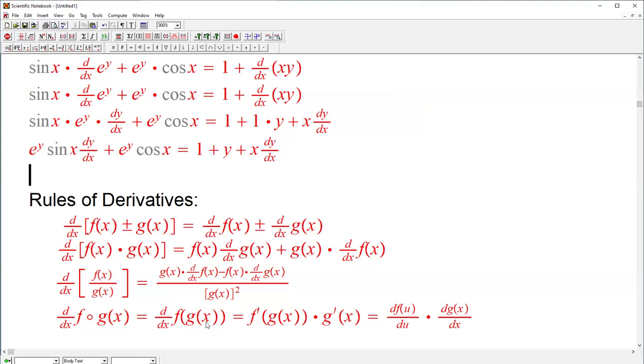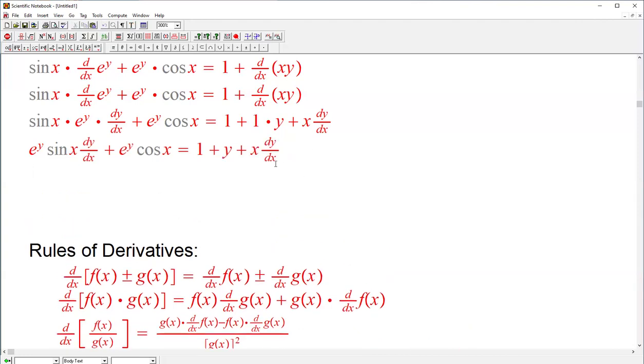It's clear. So our goal is to solve for dy/dx. And we have two terms here, and they have dy/dx. We're going to bring them together. How do we bring them together algebraically?